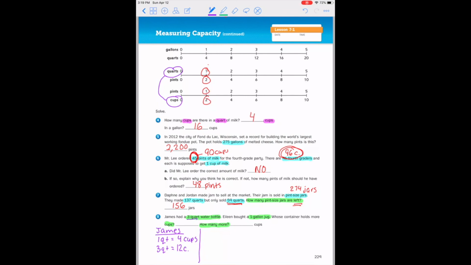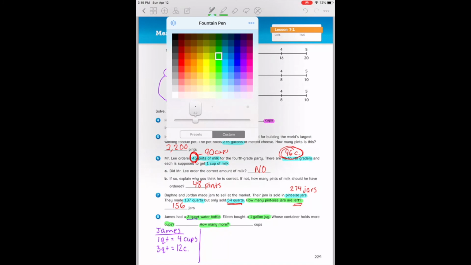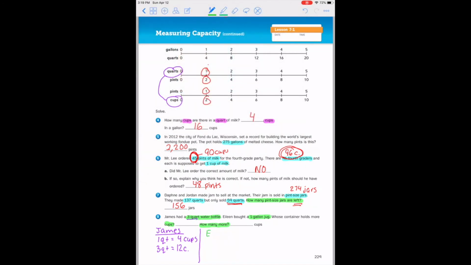So now we have to do Eileen's. Eileen's water bottle is a 1-gallon jug. So we have to go from gallons to cups.